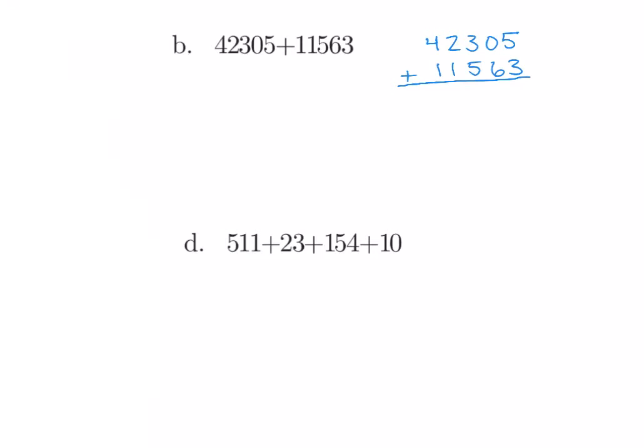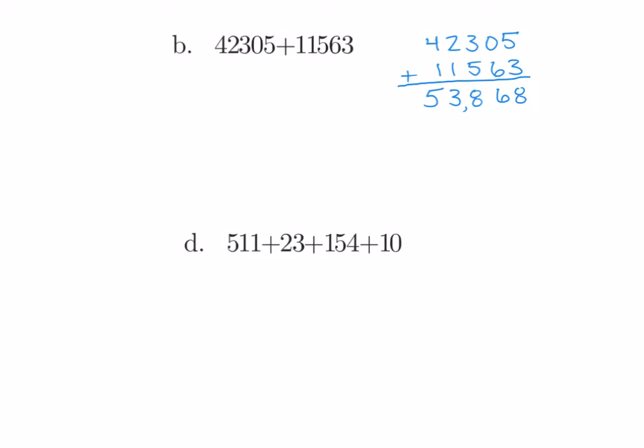Okay, so starting on the right, we add 5 plus 3 is 8. 0 plus 6 is 6. 3 plus 5 is 8. 2 plus 1 is 3. And 4 plus 1 is 5. So our final answer is 53,868.